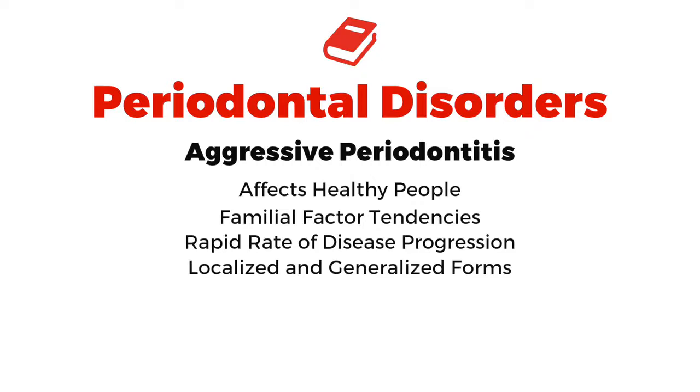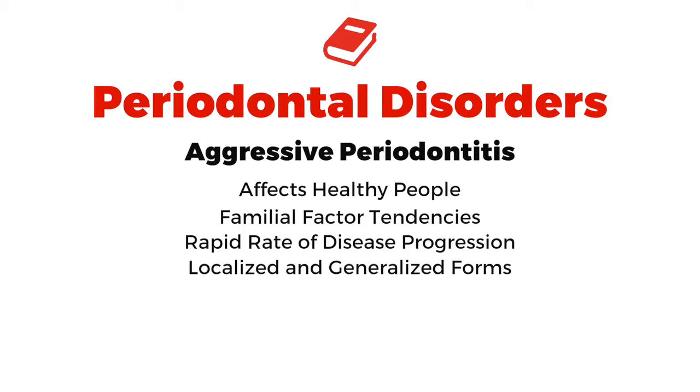Localized periodontitis usually has a circumpubertal onset. What that means is that it's going to affect those permanent first molars. Generalized still affects people under the age of 30, but patients can be older. And again, this is a generalized interproximal attachment loss. So it can affect 3 permanent teeth other than the first molars. So I would be aware of that as well.